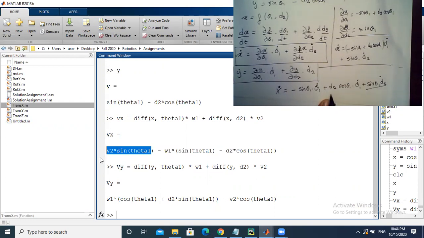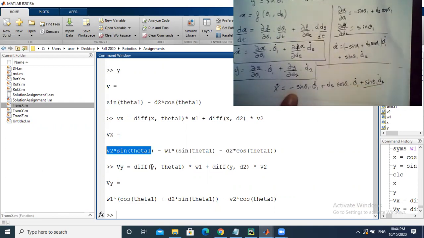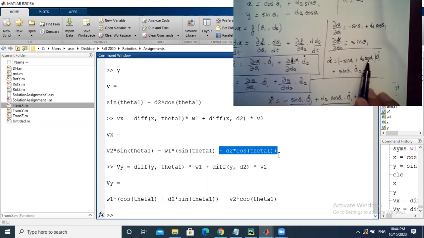And what do we have here? Basically we have minus omega 1 sine theta 1, which is this guy, so this guy is good. And then the last term seems to be negative, and we got it here as positive, as d2 cosine theta 1. The d2 cosine theta 1 is coming from here, and when I differentiate dx with respect to d theta 1, I'm going to end up with d2 cosine theta 1.